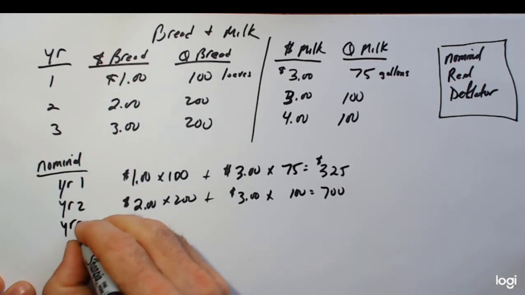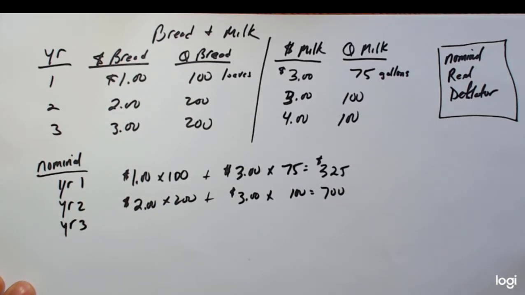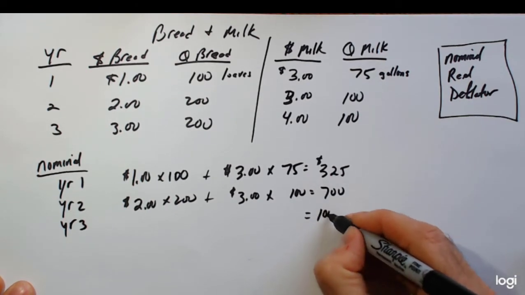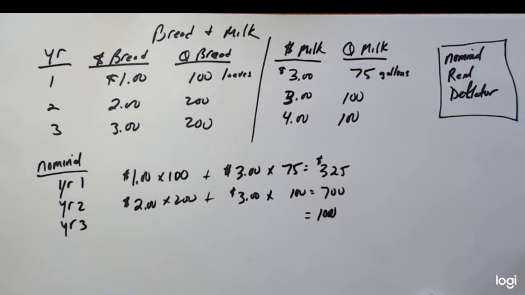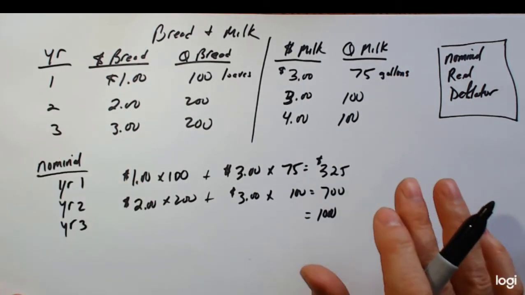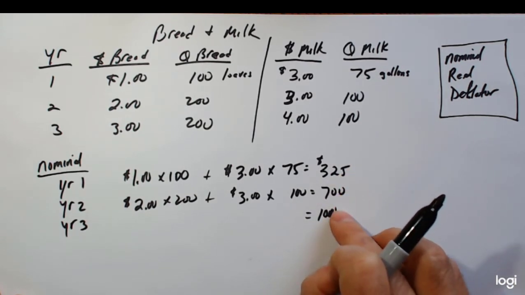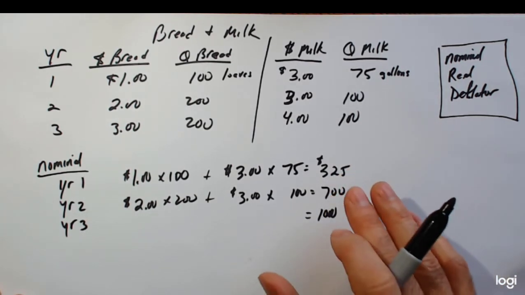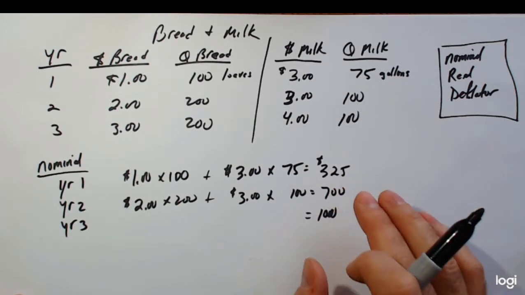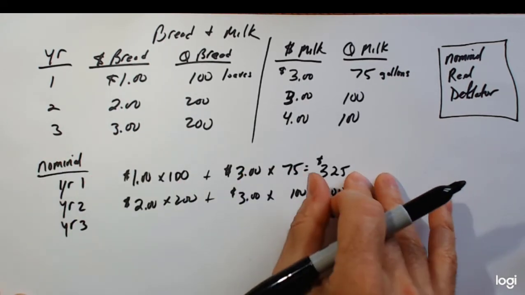And if we did year 3, and I invite you to do the calculations, it'll come out to be $1,000. So if you go back in history, let's say it's year 4 and you look at GDP historically, you'll see 325, 700, and 1,000. That's nominal GDP. You're just looking at the past track record of nominal GDP.